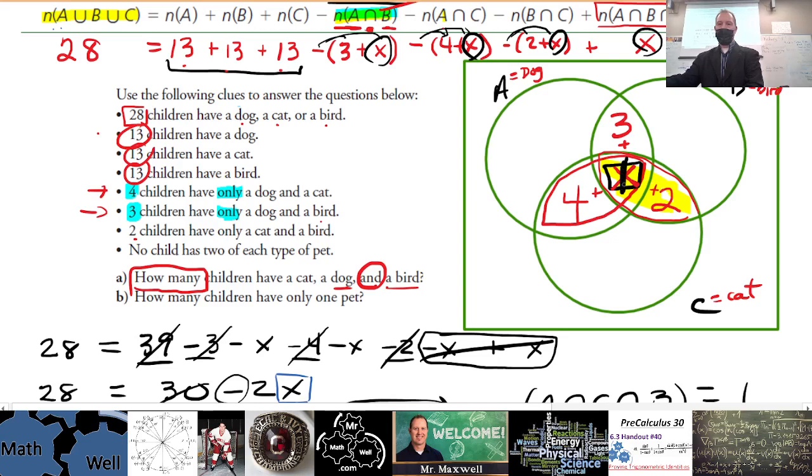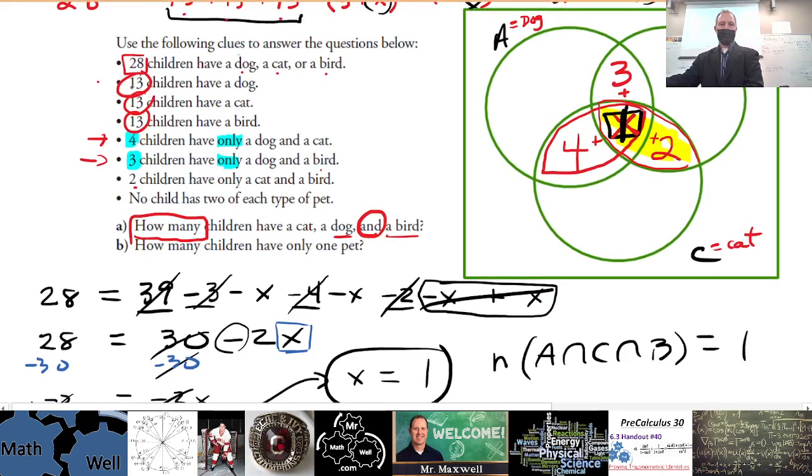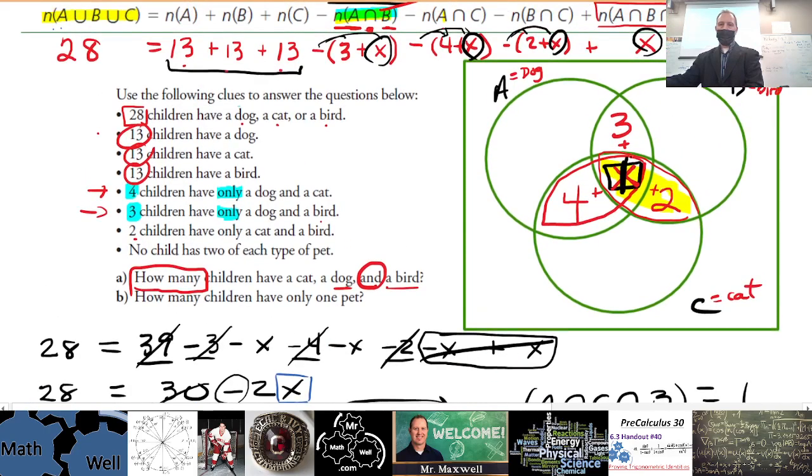If this is 1 now, a dog is 28 kids. So 3 and 4 is 7, that's 8. 13, so we'd have to have 5 out here, I guess, which we're not given any indication about what this region is, but you could fill these numbers in and hopefully it'll add up to all the 28 kids. Okay?